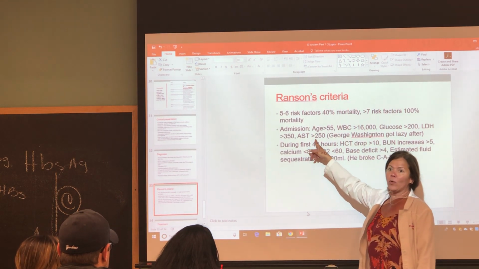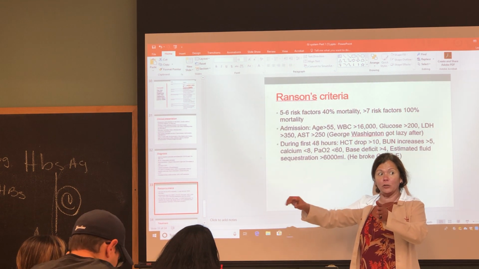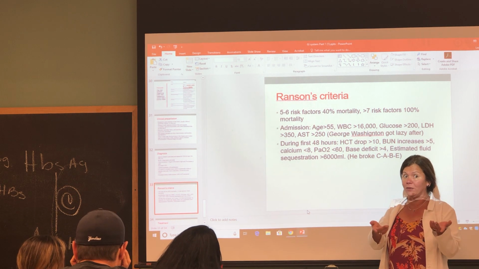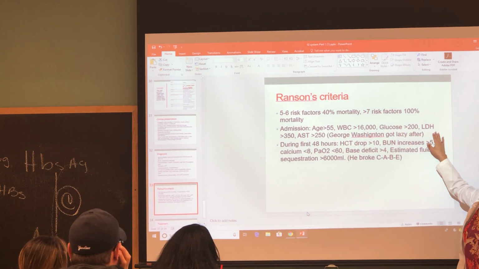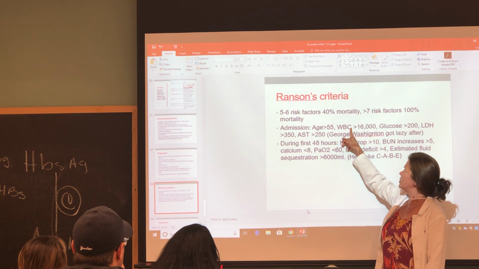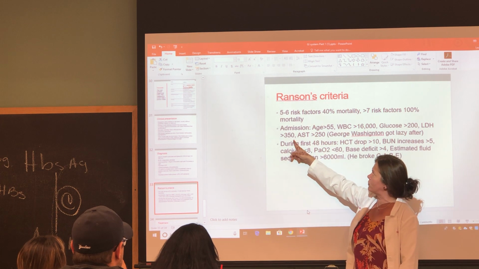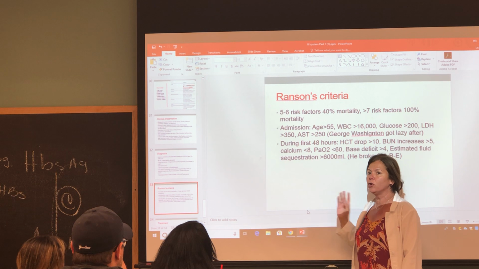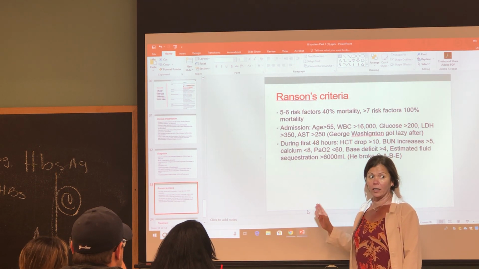AST is already affecting the liver. Not only does the pancreas have an inflammatory process, but it's already obstructing one of the ducts of the liver, producing shock liver, okay? This is no more than a mnemonic, if you want to memorize it like that. Basically you look at age, WBC more than 16,000, glucose more than 200, LDH more than 350, and AST more than 250. If you have those values, you're not staying on the regular floor, okay?